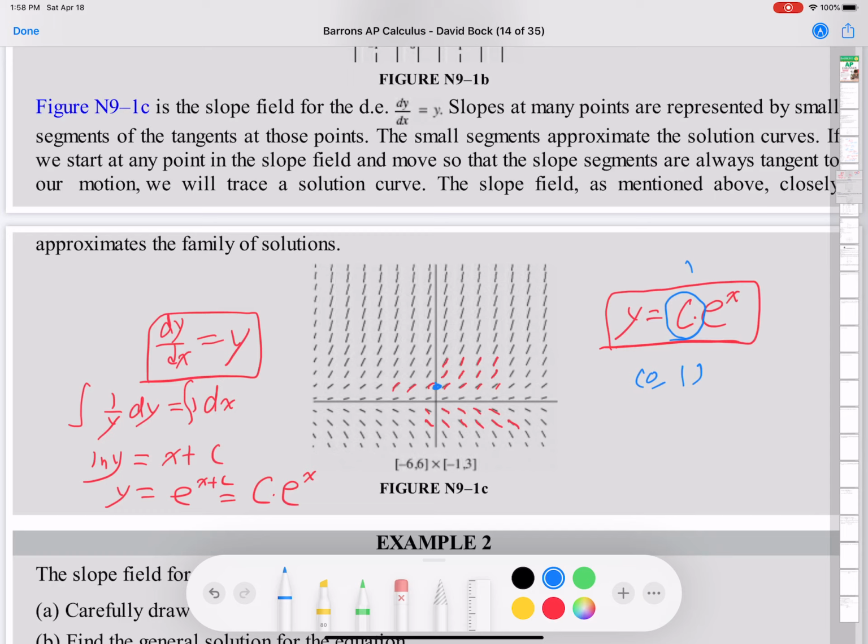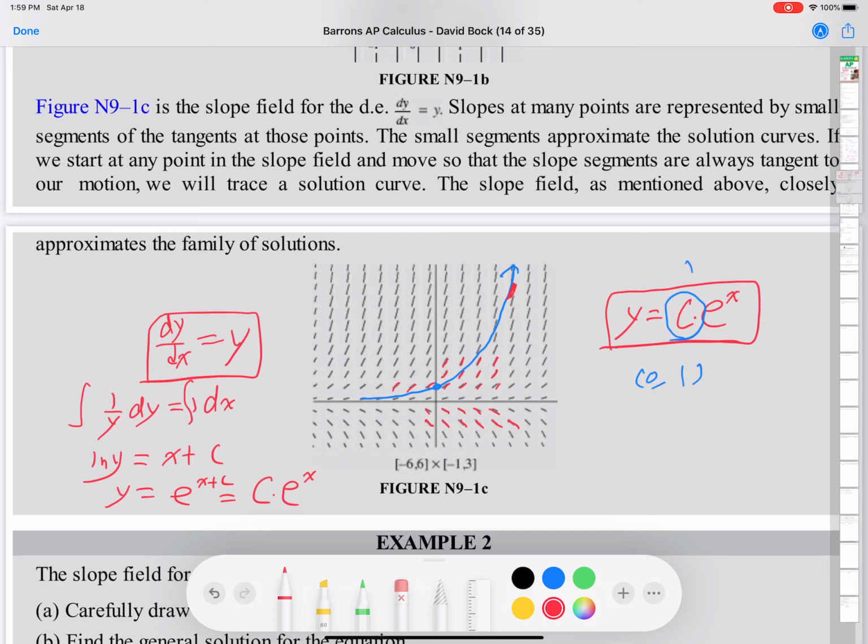It looks like this. The graph passes through (0, 1). If c is 1, then the tangent line's slope gets greater, so something like this. That makes sense? Yeah. That's why there are tiny tangent lines over here.